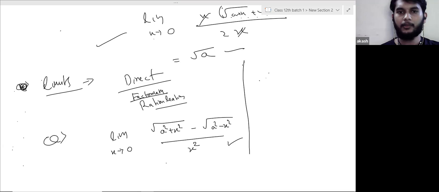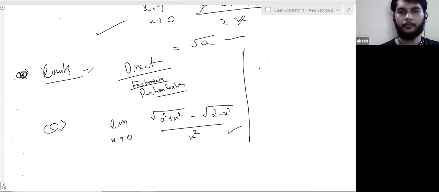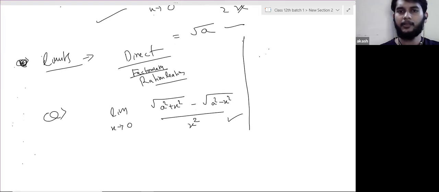This is also the NCERT question, right? This is a very easy question. Don't worry. Please try to solve this first. After that, we can solve that doubt.